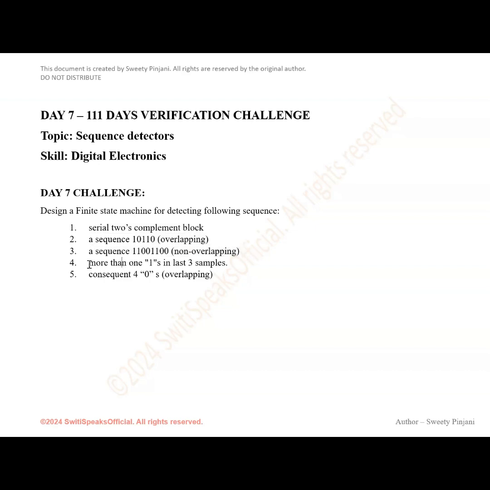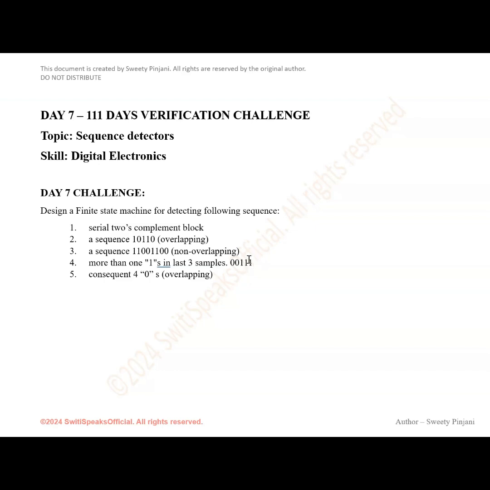The third question is, if you get more than one 1 in the last 3 samples, only then you have to detect. It means, for 111, here if you see in the last 3 samples you are getting more than one 1, you are getting 3 ones, so you will detect it.